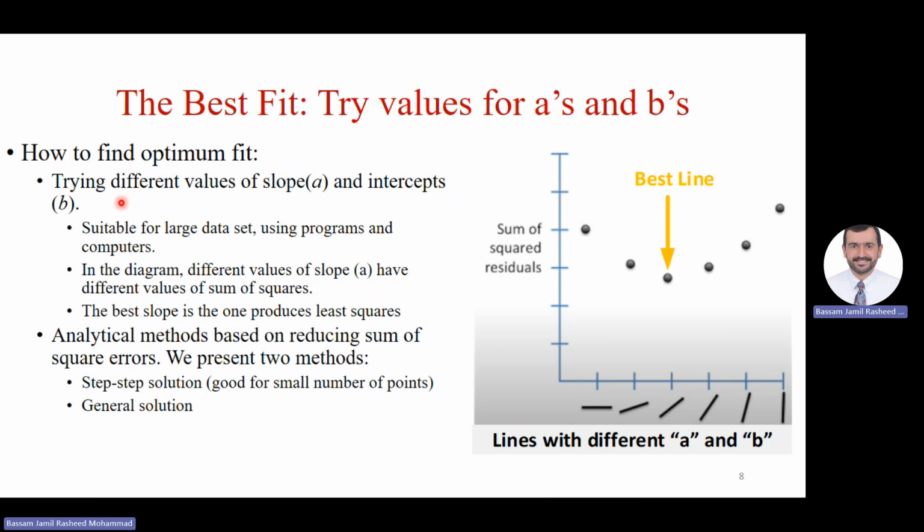If you're doing this graphically, we try different values of a, the slope, and b, the intercept. This is sometimes used for large data sets.